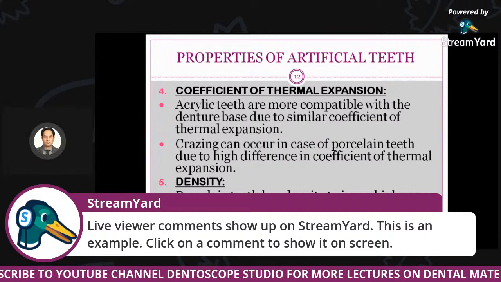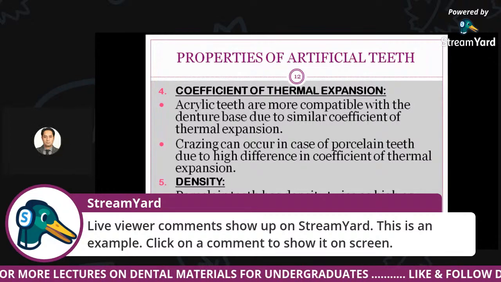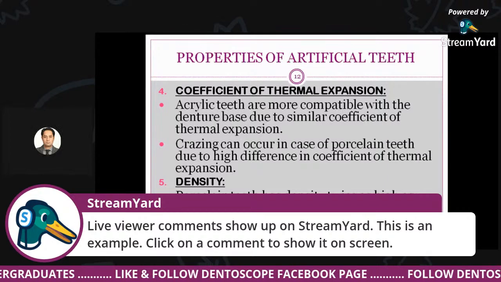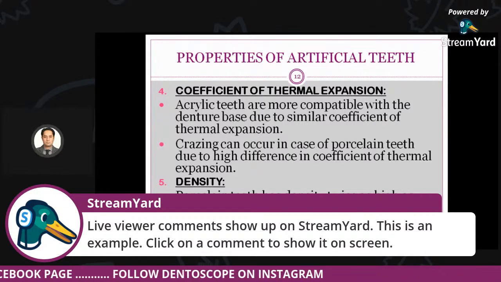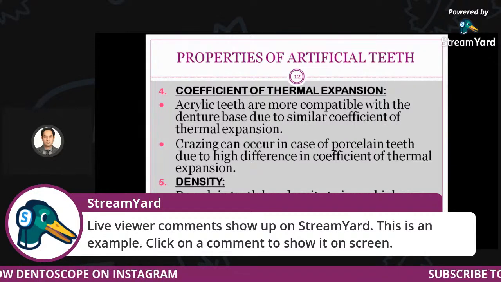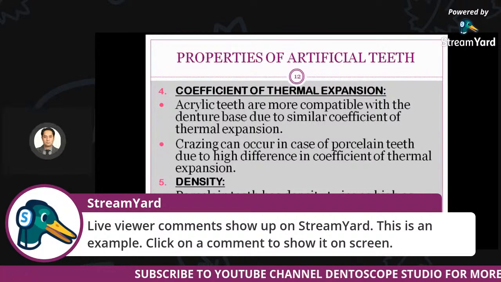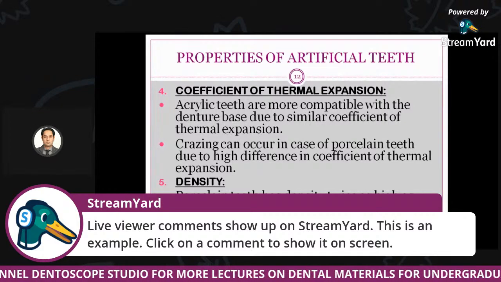The coefficient of thermal expansion value is also going to be the same for both the artificial acrylic teeth and the acrylic denture base. Whereas crazing or fracture lines are seen in cases where porcelain teeth are attached to the acrylic denture base, right? This is because of the difference in coefficient of thermal expansion.